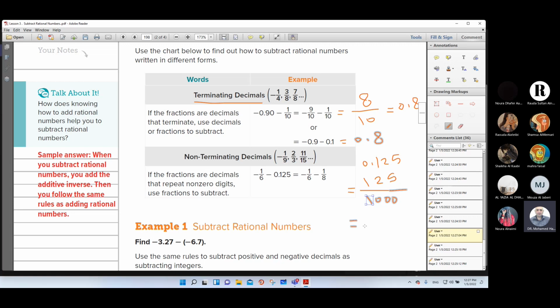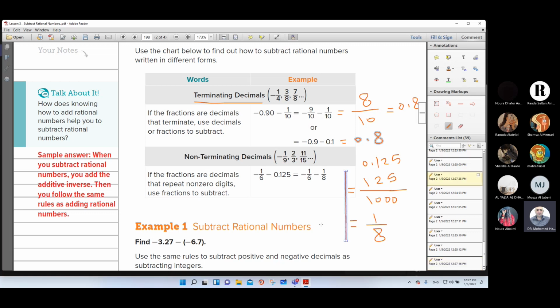Then we can do the simplest form. Divide 125 by 125 will be 1. And divide 1000 by 125 will be 8. So 0.125 equals 1 over 8. And you have negative here, so put here negative.